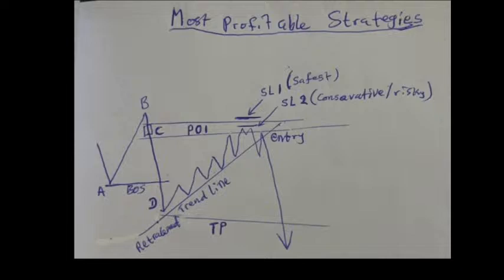Now, how do I get my entry confirmations? I wait for price to break my trend line. Once it has gotten to my point of interest, I wait for it to come back and break my trend line. Secondly, I will scale down to a lower time frame, like the 1 minute time frame. When I get there, I spot out the lower time frame substructures that it has created after it got to my higher time frame point of interest.